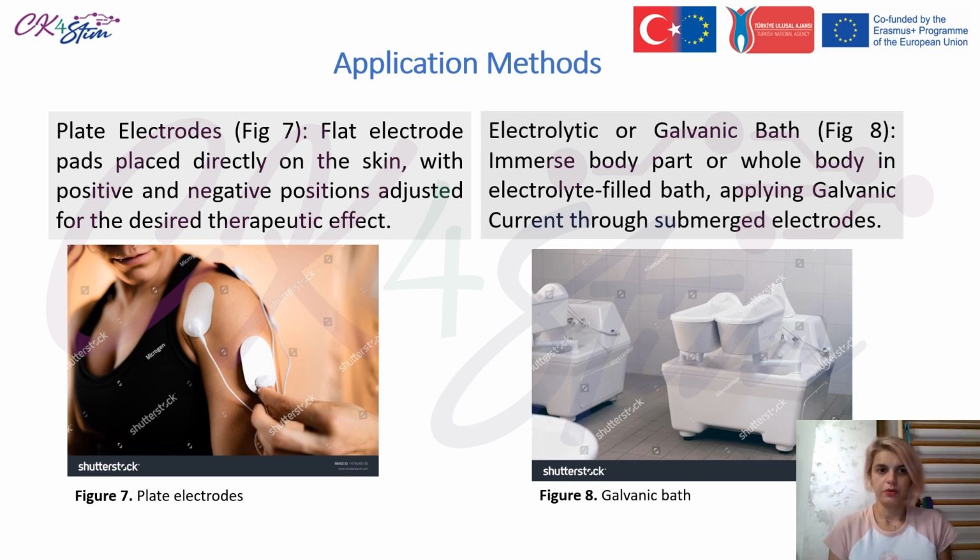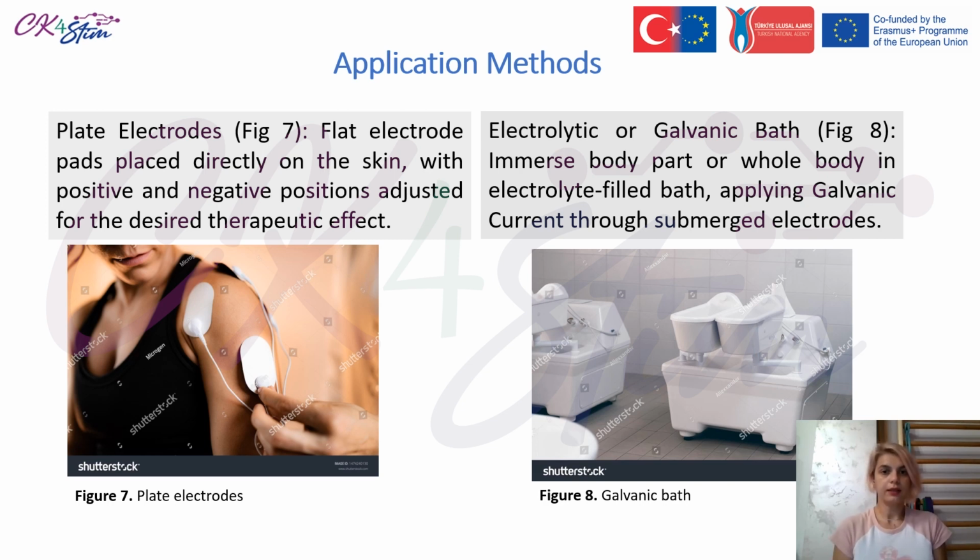In the application methods, we use plate electrodes. These are flat electrode pads that are placed directly on the skin and, according to the desirable therapeutic effects, they are positioned with positive and negative adjustments, taking into consideration the desired effect.